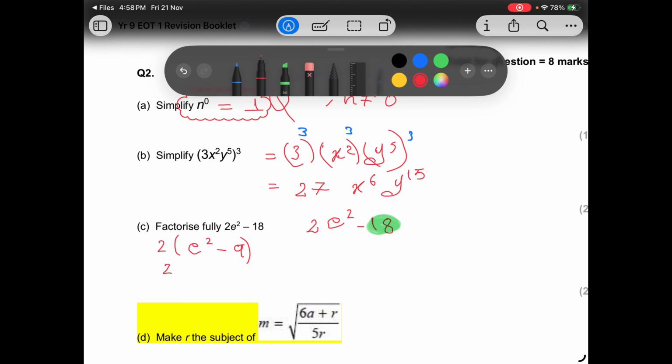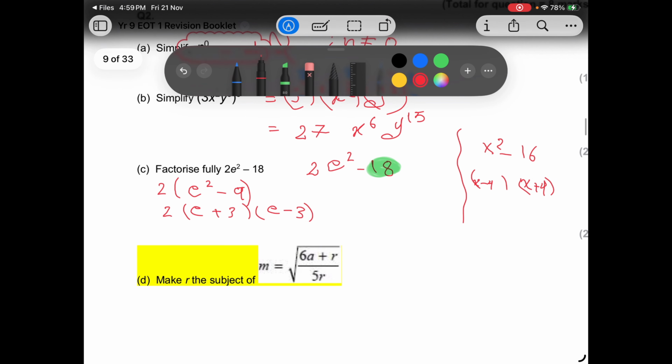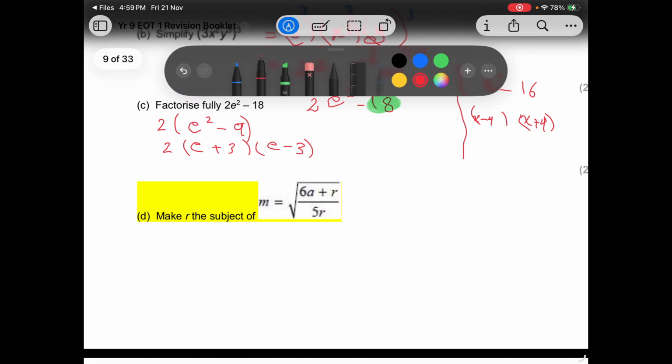We can factor it like this: e minus 3 and e plus 3, or e plus 3 and e minus 3, it's the same. Let me give you one more example to master this: x squared minus 16. This is a difference of two squares. It is x minus 4 and x plus 4, and so on. So this is one of the easiest things to do.